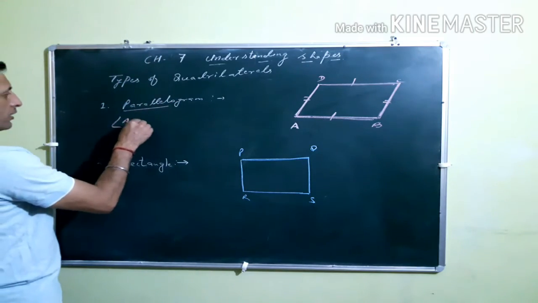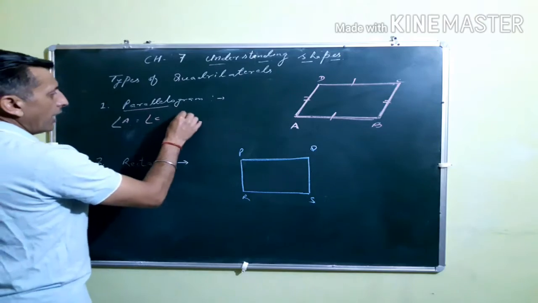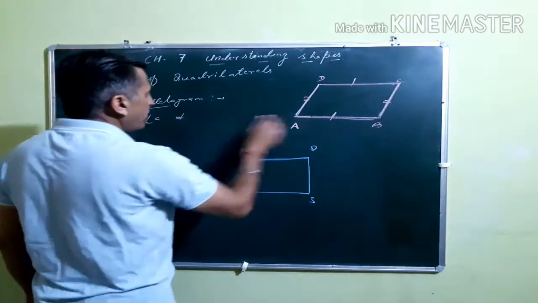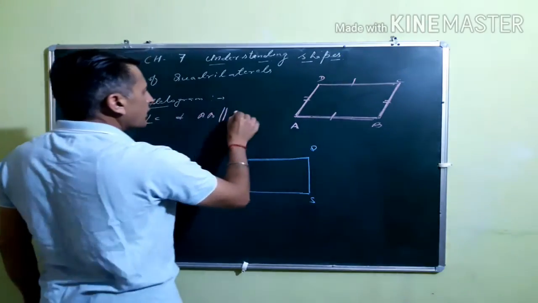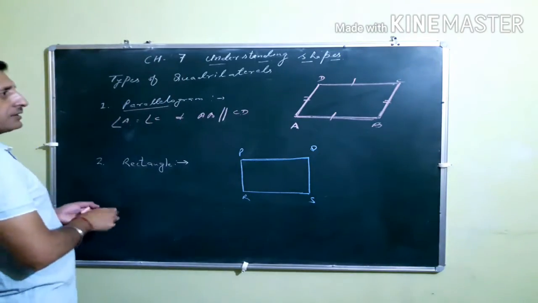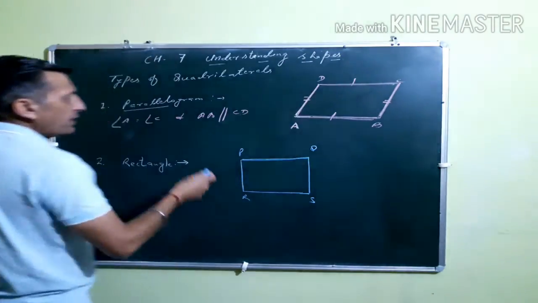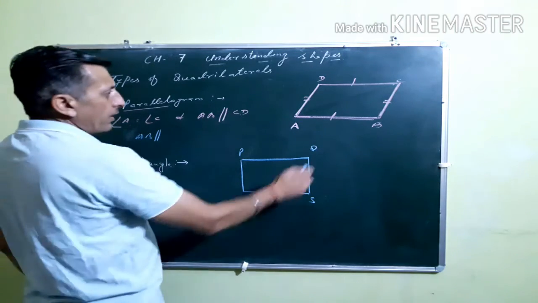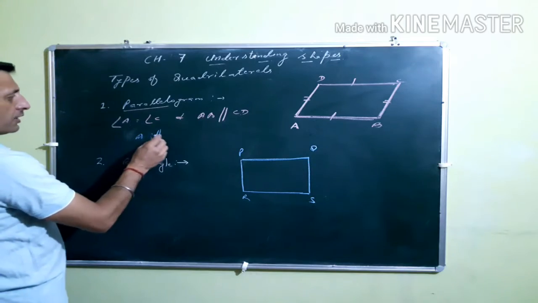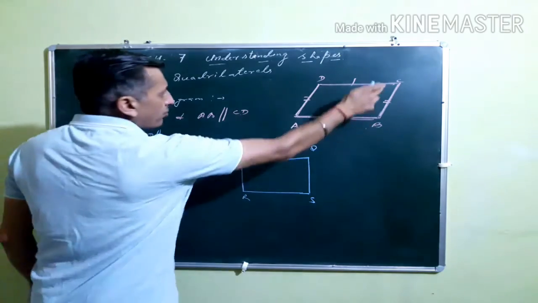So angle A is equal to angle C, and AB is parallel to CD, and similarly AD is parallel to BC.